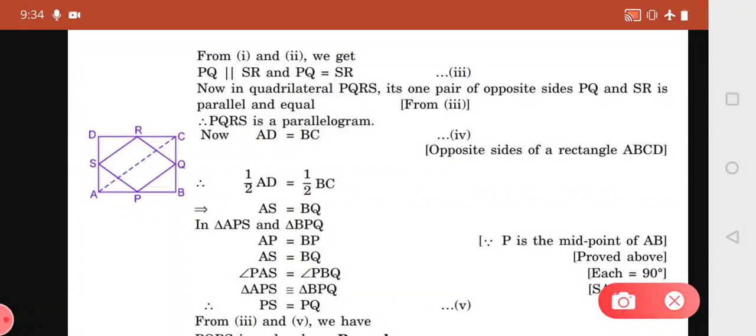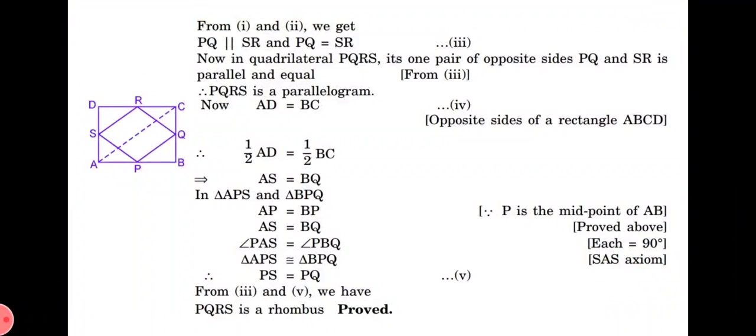Why is PS equal to PQ? This is by CPCT. From 3 and 4 we have PQRS is a rhombus. Yes, our 3 is what?